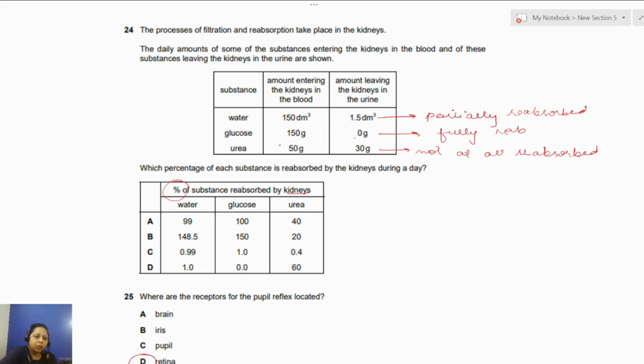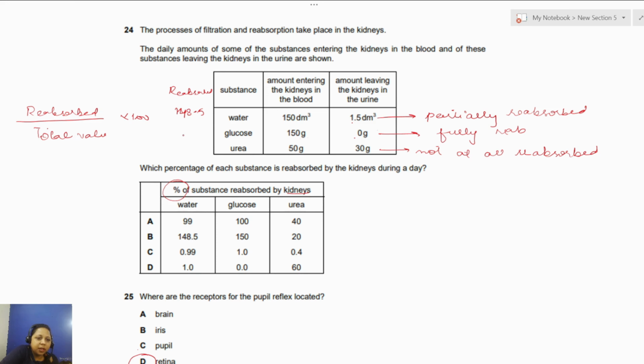With the total amount, reabsorbed divided by total value into 100. Though it's a simple one, for example, reabsorbed is 150 minus 1.5. There must be a third column for reabsorbed. It would be 148.5.